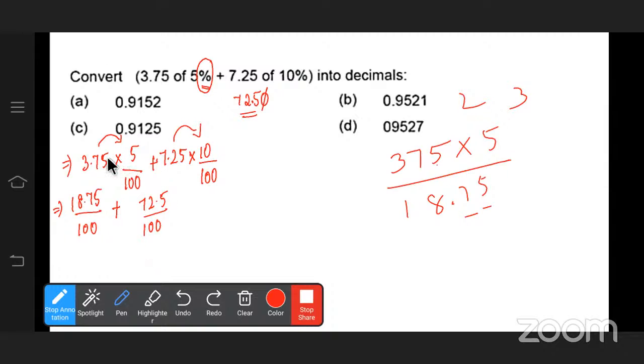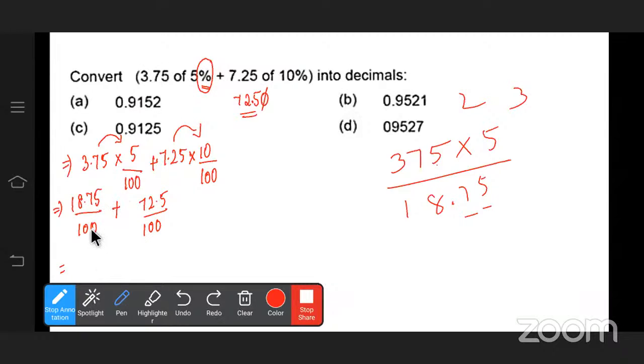The next step is you have to multiply these two number. I got 18.75 divided by 100 plus, so when I multiply this two number, I got 72.5 divided by 100. Okay. So do you understand? Yes, ma'am.